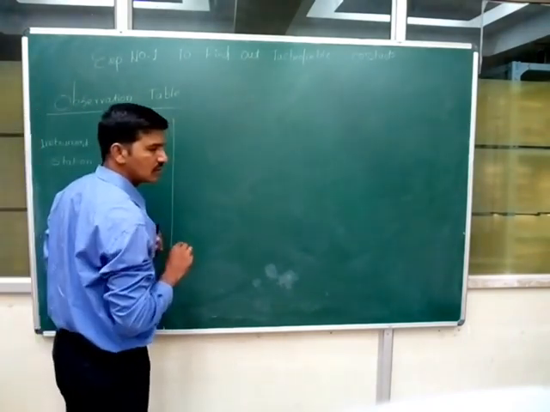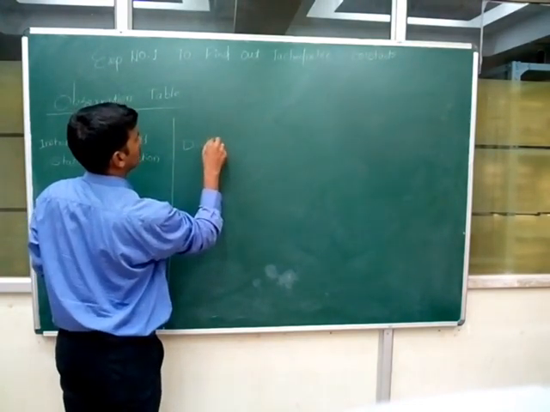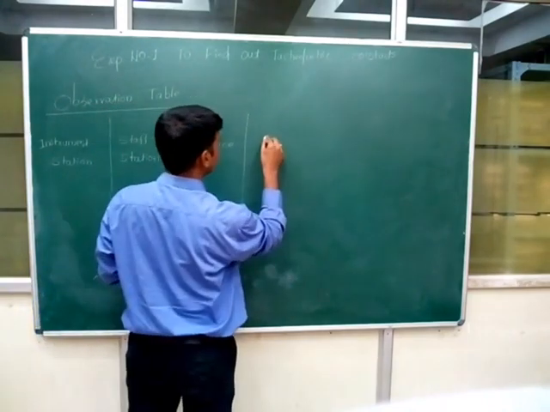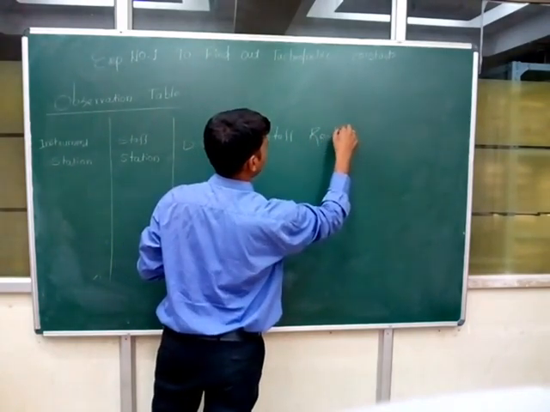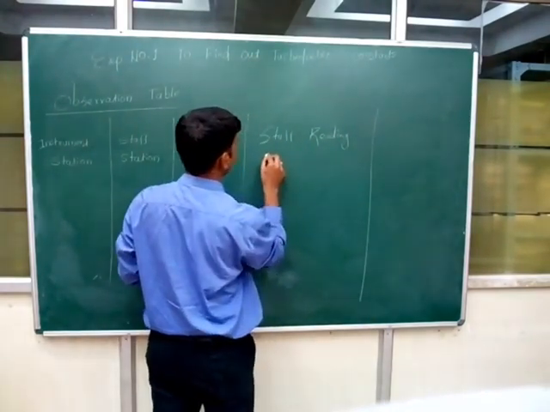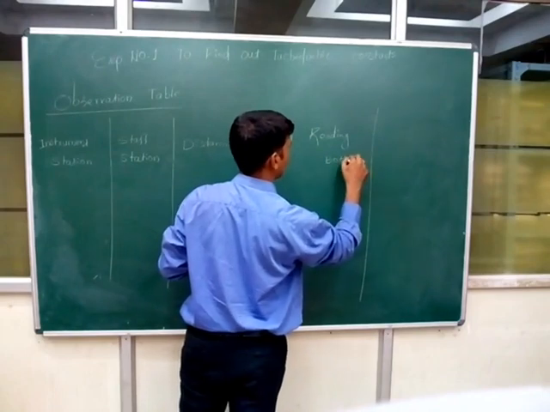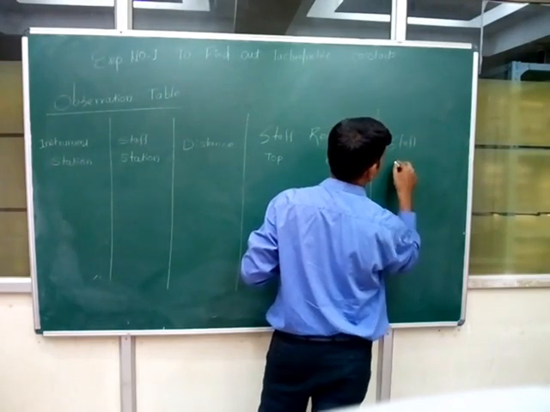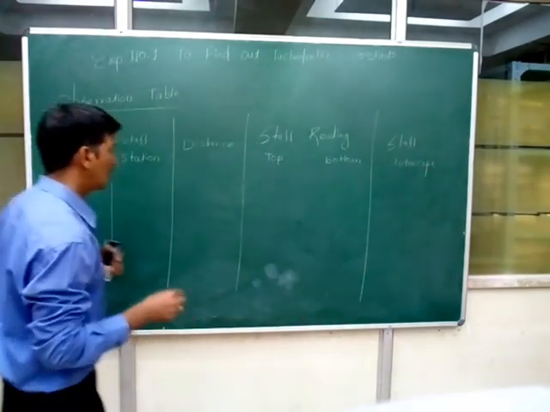Third column is the distance between point A, point B and point C. After distance, there will be a start reading, again in start reading the top and the bottom, and last will be the start intercept. So these are the columns.